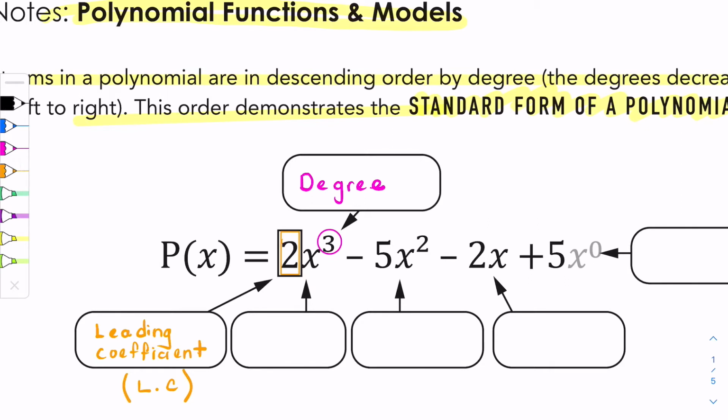And then just to name a few terms throughout this expression, this term right here has a degree of 3, so we're going to call this a cubic term. Obviously, this changes with the different degrees. This term right here has a degree of 2, so we're going to call this a quadratic term. Linear term.